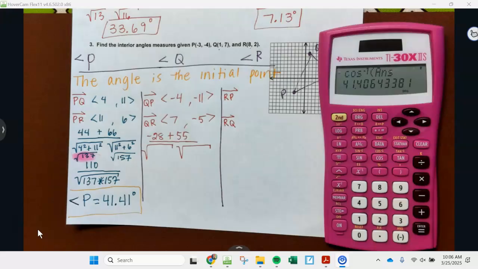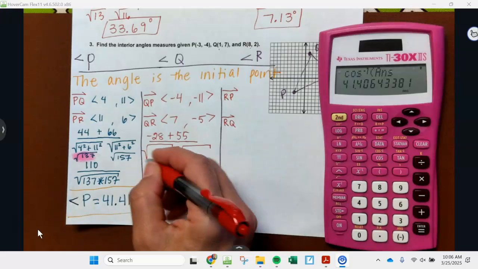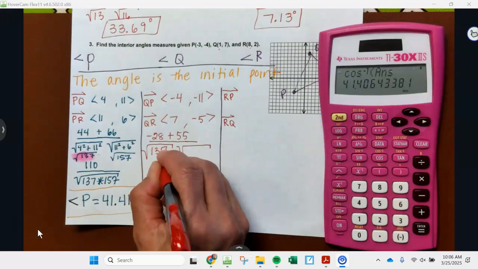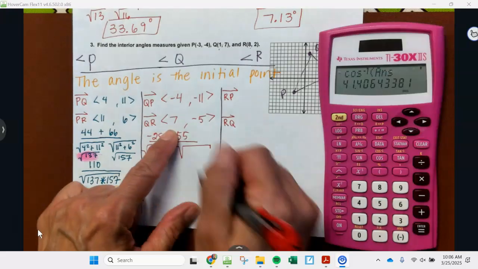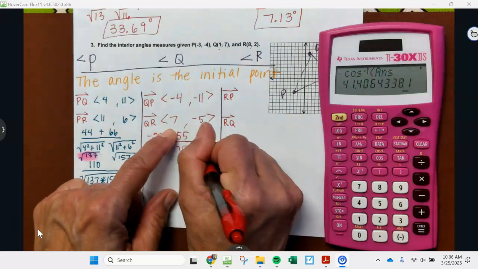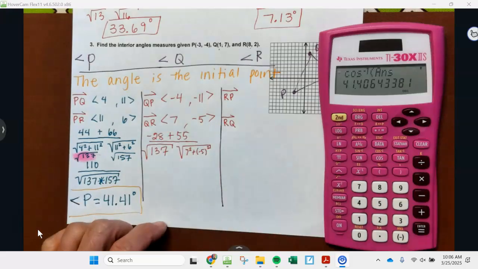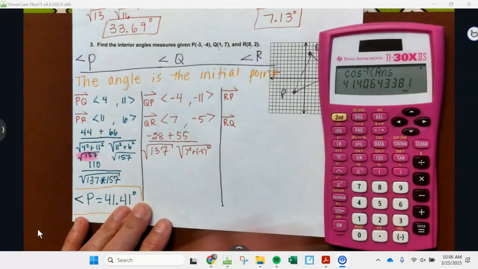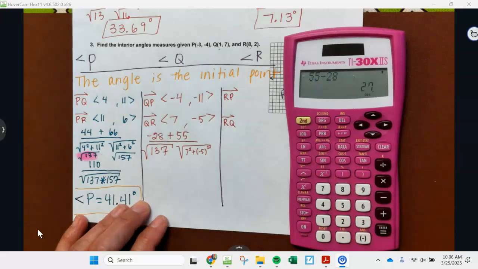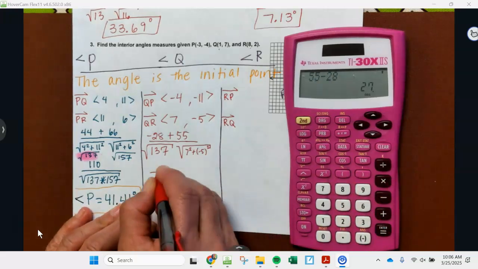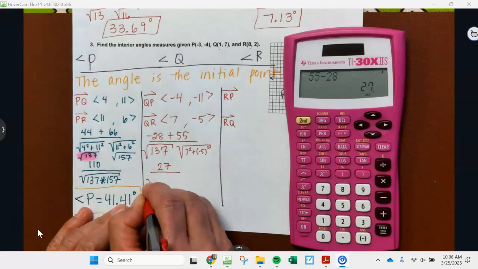All right, here we go, guys. The magnitude of QP is the same exact magnitude as PQ. So this first magnitude is the root of 137. I have not found the magnitude of QR, so I know this is going to be 7 squared plus negative 5 squared. All right, let's figure out the numerator real quick. 55 minus 28, so our numerator is 27.